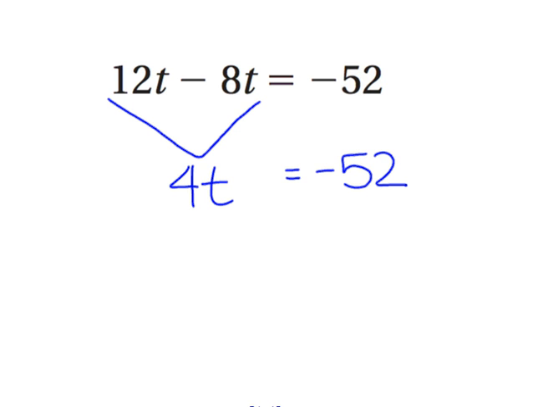Okay, and there is no constant, and so I can just start by solving my one-step equation. The correct steps would be to divide by 4 on each side. And negative 52 divided by 4 is negative 13. So that's going to be my final answer for that one.